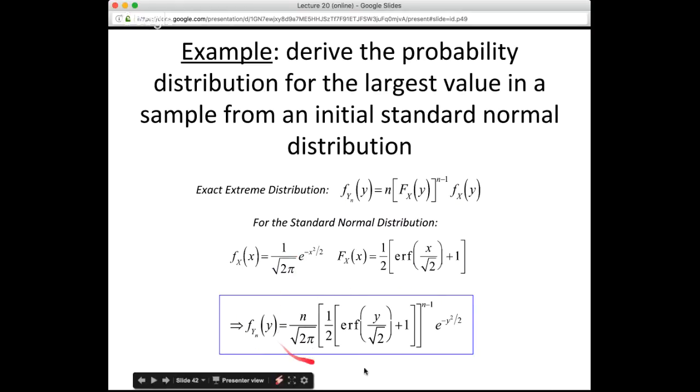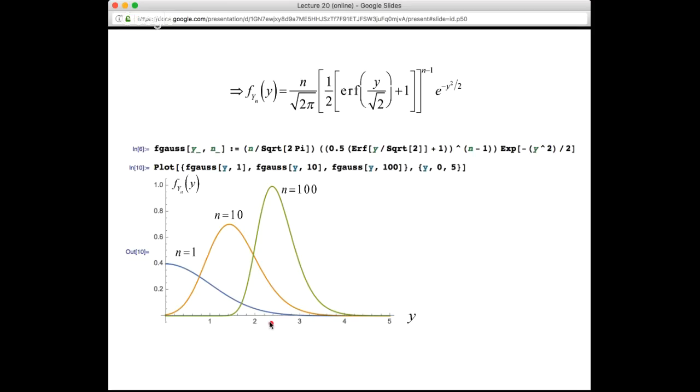And so again, what does it depend on? Well, obviously it depends on the value of y, and also it depends on the sample size, little n. And what is y here? It's basically a specific realization for the extreme value. And so we can go ahead and take that formula and plot it.